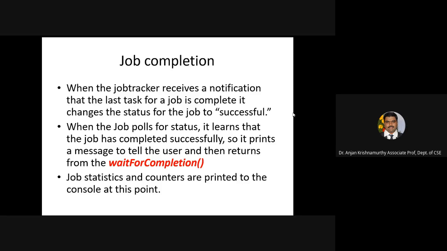The second important thing is that all the processes that were waiting to print that there is a successful completion of the job were waiting on the method called waitForCompletion. Once the waitForCompletion method returns, it ensures that the job statistics, the counters, and other important things are submitted, and you are good to go with respect to whatever is being printed. This is what happens after the job gets completed.